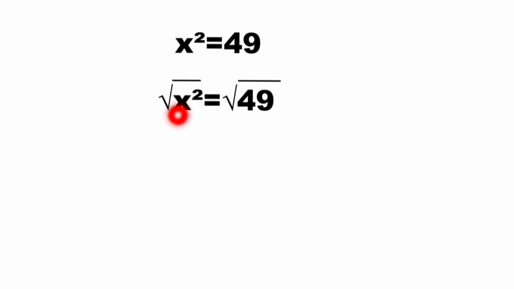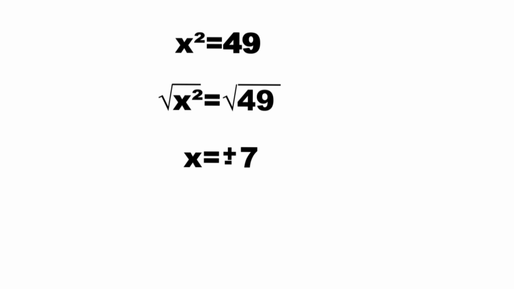If you get the square root of the left side of the equation, you must also get the square root of the right side. So the square root of x squared equals the square root of 49, and this gives x equals plus or minus 7.